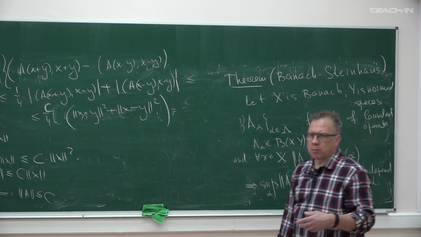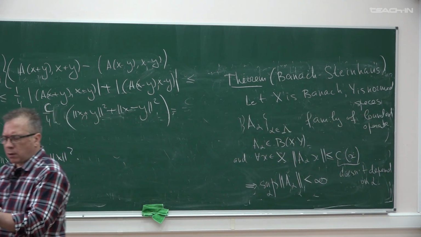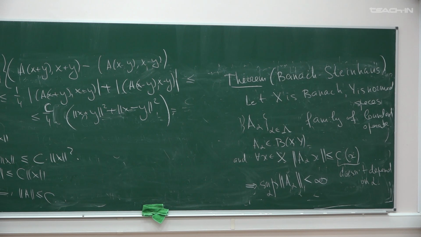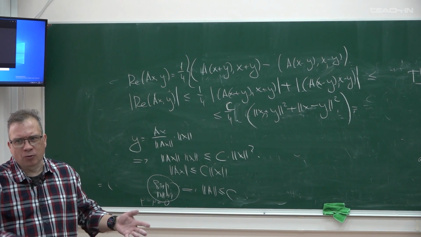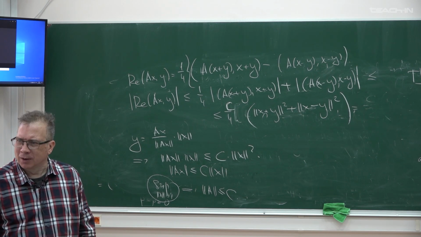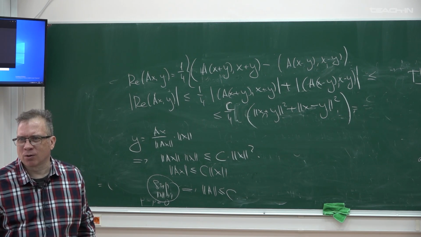The proof of this theorem is not very difficult, but in the program it stays without proof. If somebody wants to understand how it is proved, I can explain it in private. But in the program it stays without proof.